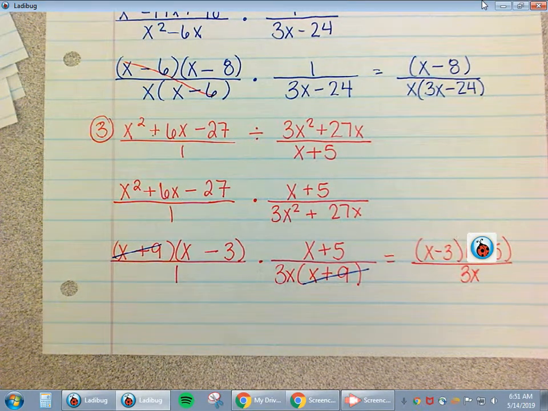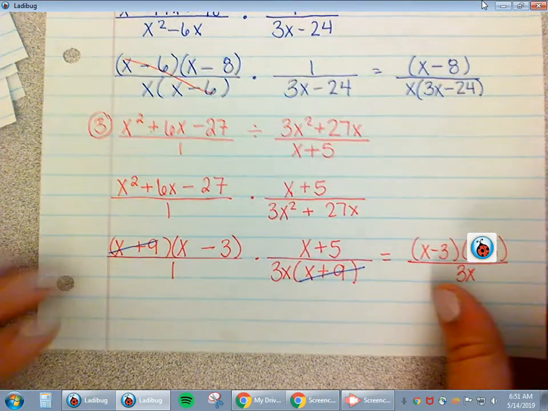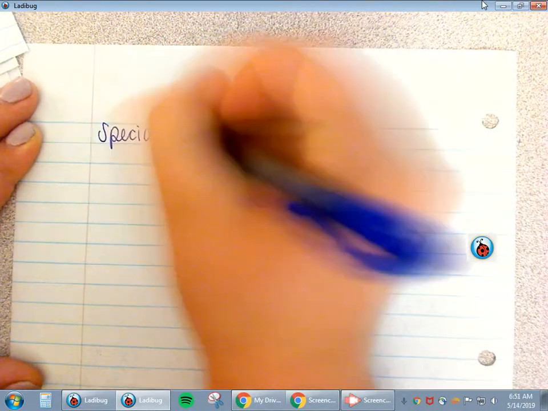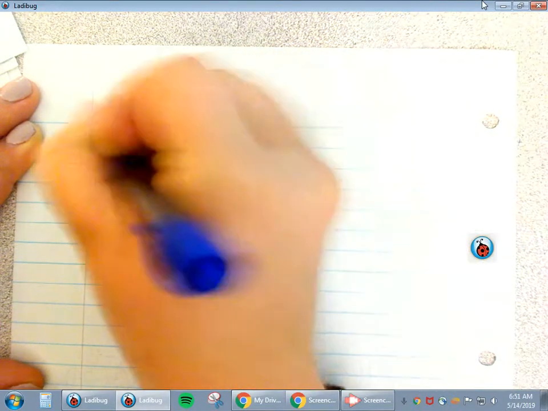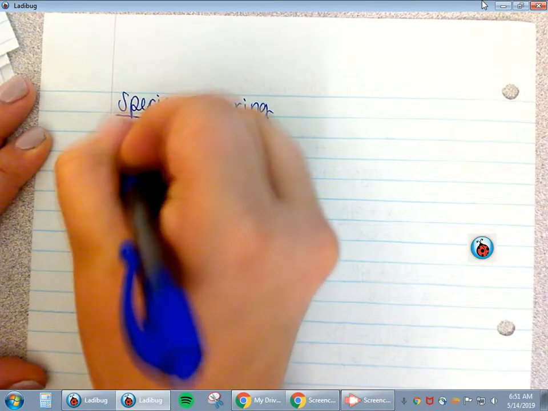All right. These don't get too much crazier, but maybe instead of doing another problem, I'll just remind you again of those special factoring cases. Maybe we need these. So this shows up inside problems. One of them is difference of squares.